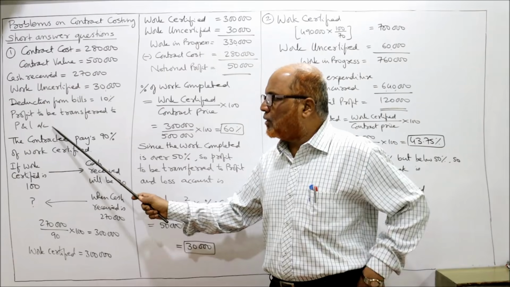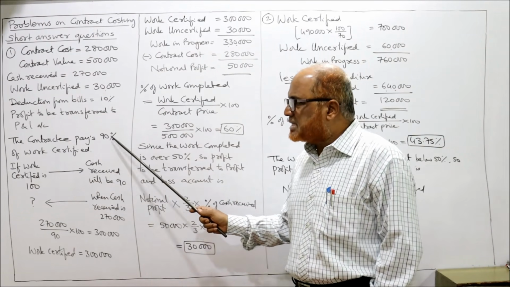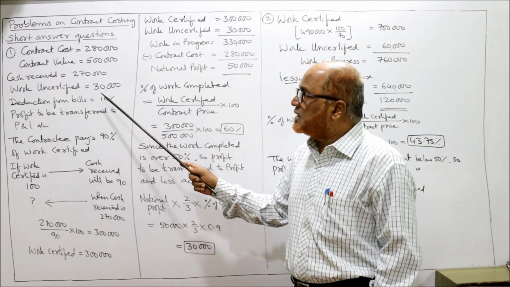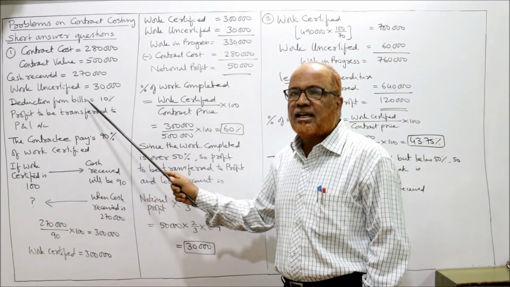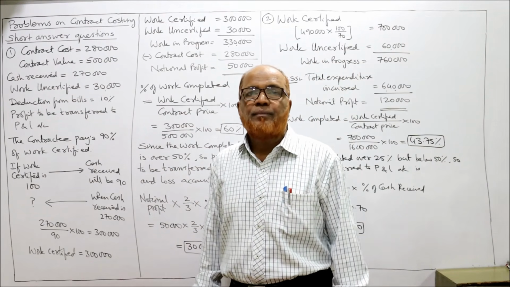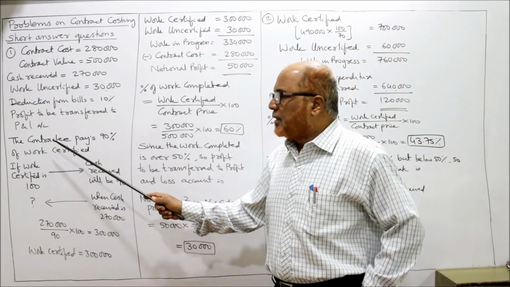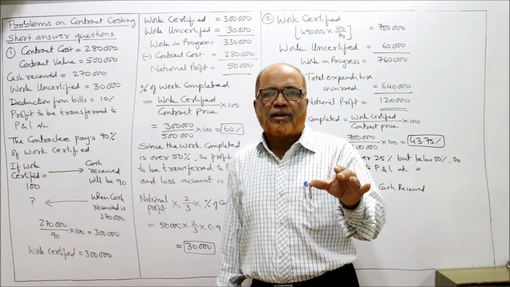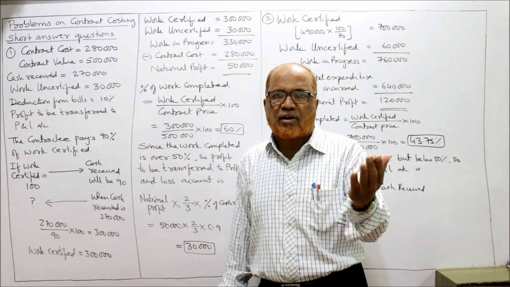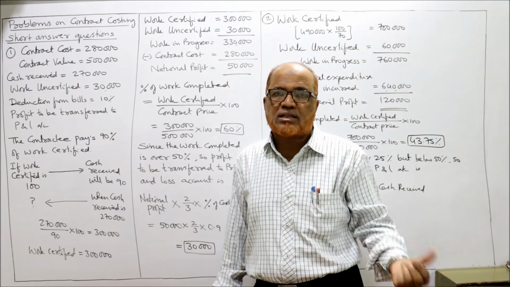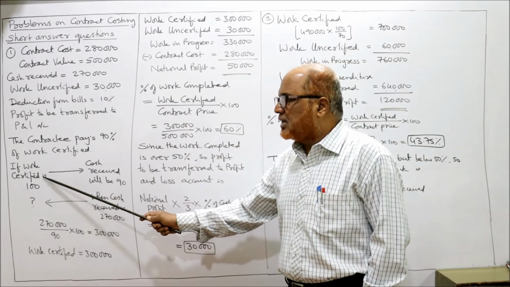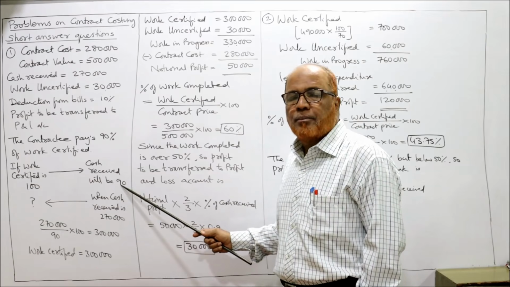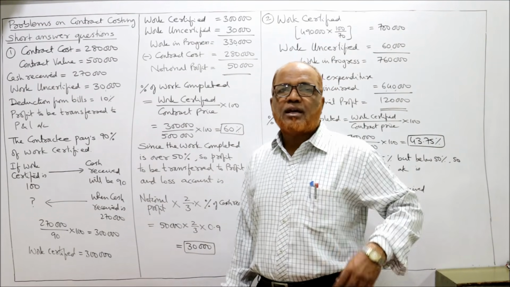Profit to be transferred to P&L account: the contractee pays 90% of work certified, because the contractee is retaining 10%. So he is paying 90% of work certified. In the agreement, the contractee will pay 90% of the work certified by the architect. Suppose the work certified is 100, then cash received will be 90, because 10% is retention money.